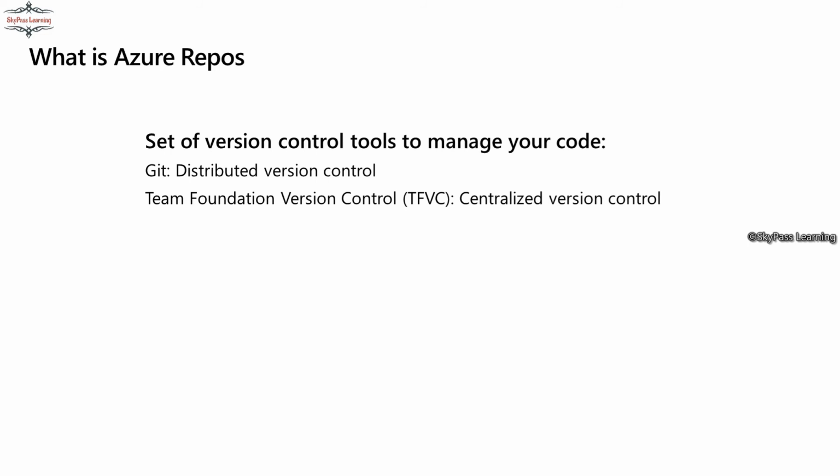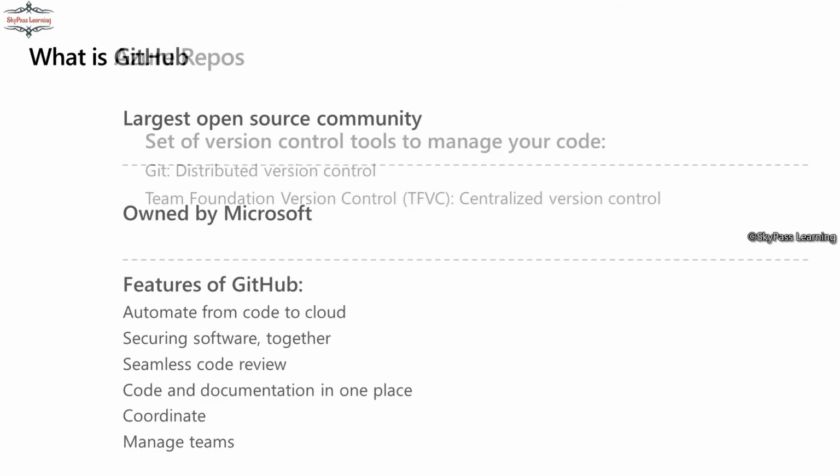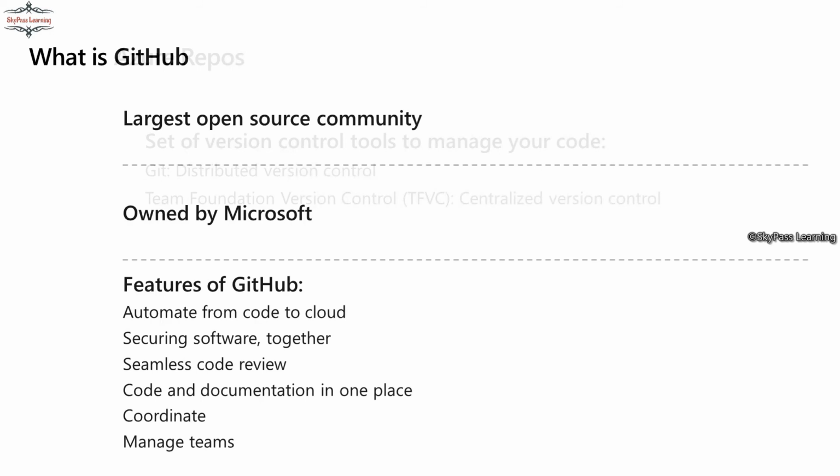And I will show you how you can define this repository, how you can control the codes or versions of your solution, and how you will manage releases. So let's move one more slide. Okay. So what exactly is GitHub? GitHub is nothing else.